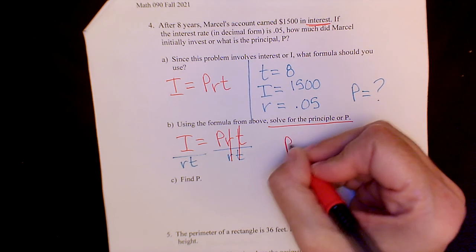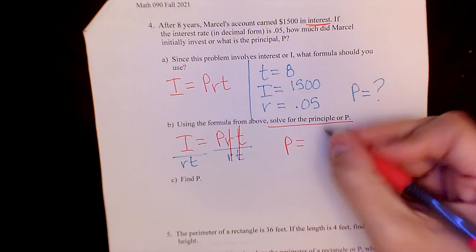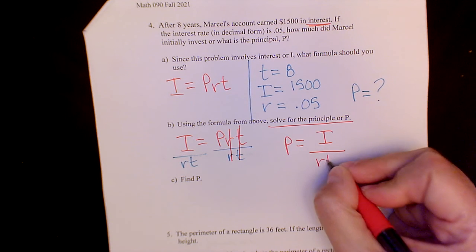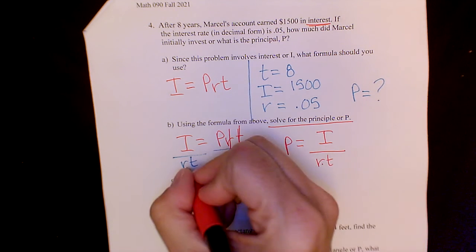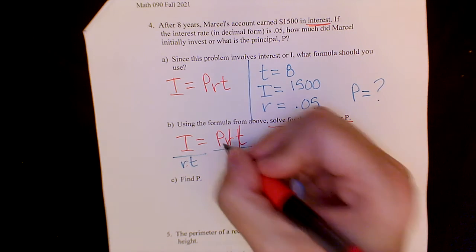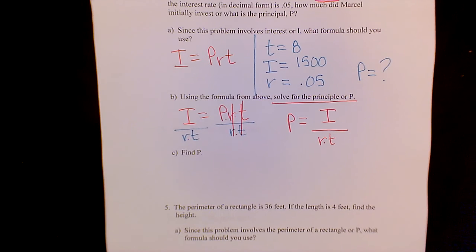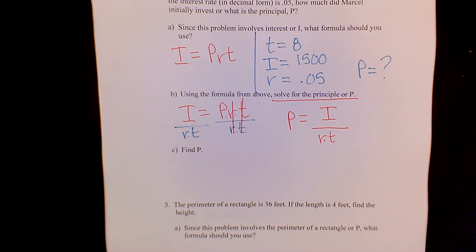And so P equals, what's left? I divided by R times T. If you want to put a dot in there to know it's times, that's okay. Is everybody okay with that? P equals I divided by R times T.